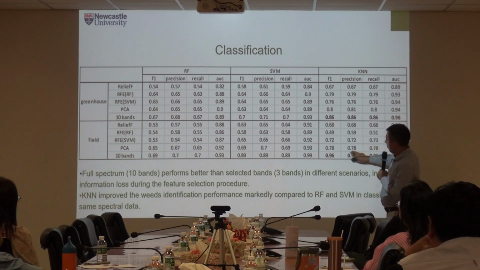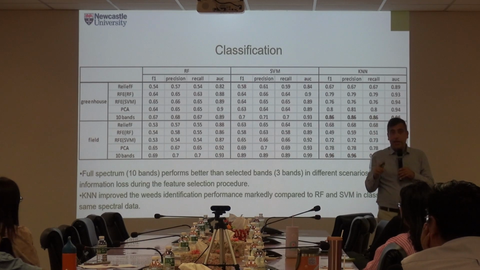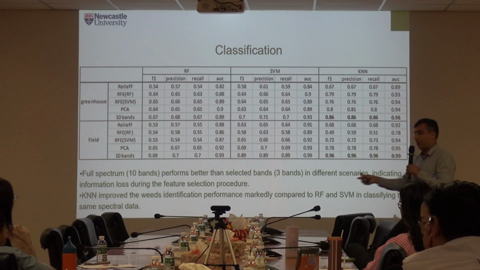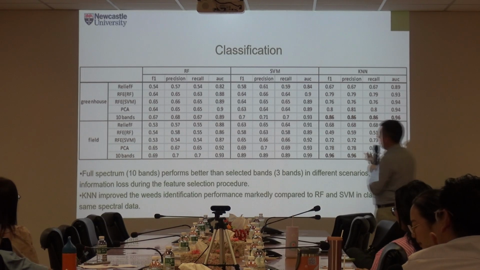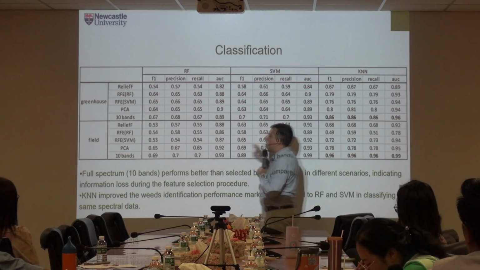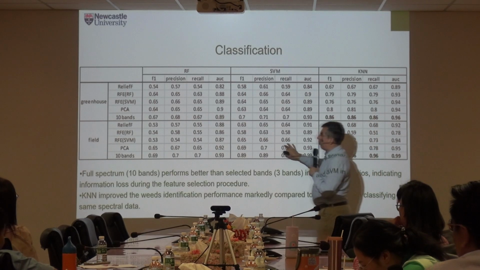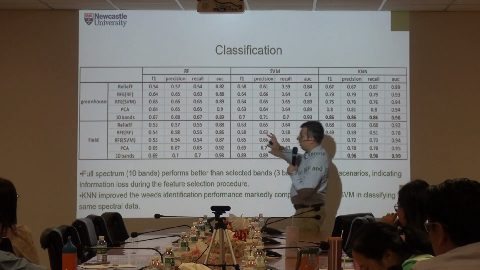But your field scenario was much better as opposed to your glasshouse. The benefit here was that we had variability in the field as opposed to the glasshouse, and that's why it worked. The rest, SVM is fine, random forest is fine, but KNN was the one that was working, although the other information was good as well.